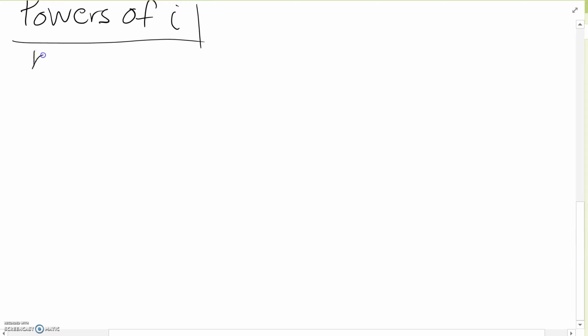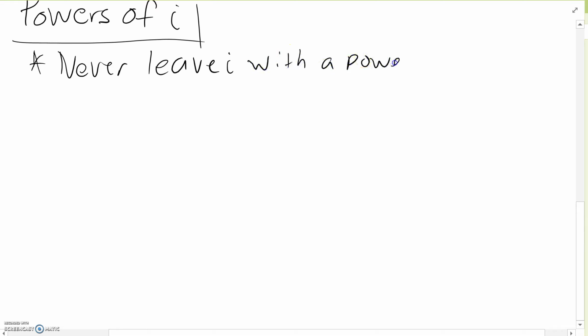So we never leave i with a power greater than 1. You can never leave that. You have to always simplify. Okay? So never leave i with a power greater than 1.